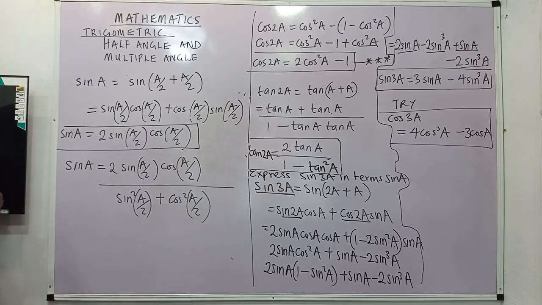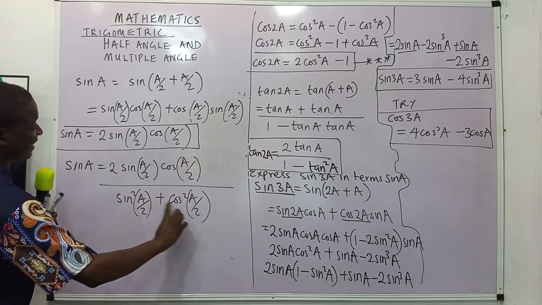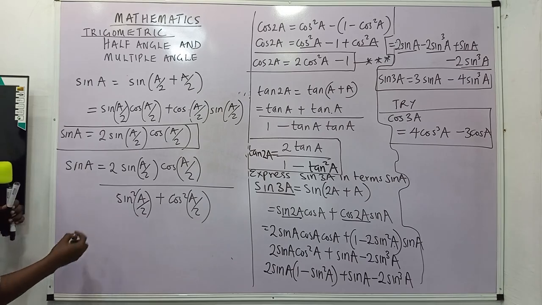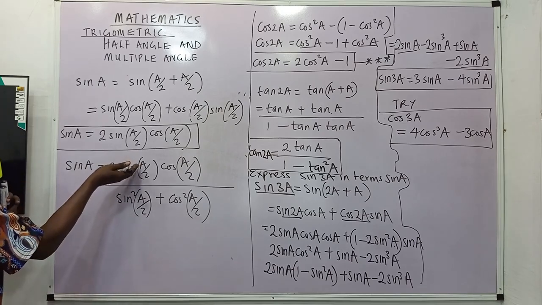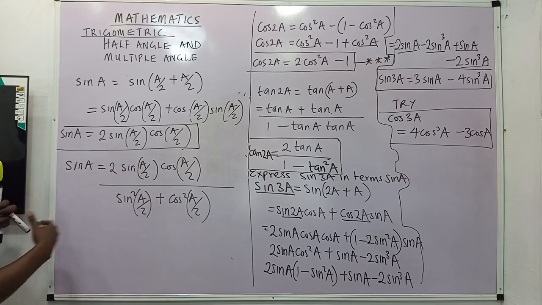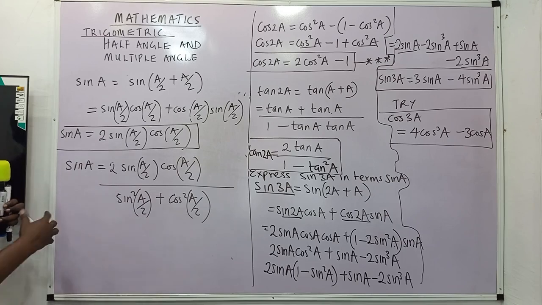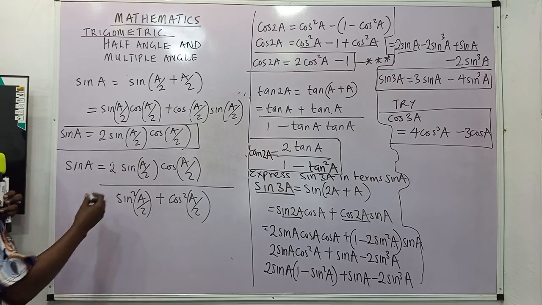You know, we can write it like this. Remember that this is one identity we did in the first class: sine square A over 2 plus cos square A over 2 is equal to 1. Anything divided by 1 is the same thing, so it does not affect the result.